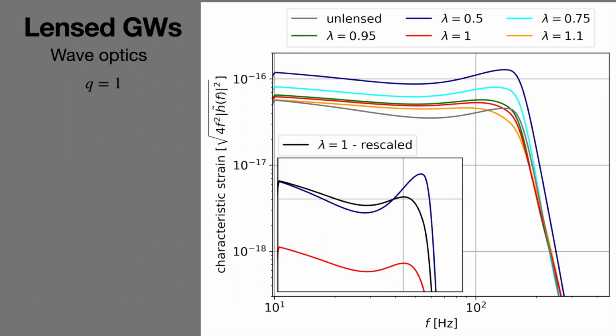We can see that, especially in the inset, a change in lambda is not simply a rescaling of the strain of the waveform, and therefore the waveforms with different lambda are intrinsically different and could in principle be distinguished. In particular, in the inset, there is a comparison between the waveform with lambda equal to 0.5 and a rescaled version of the original signal. And we can clearly see that a simple rescaling does not give the transformed waveform.